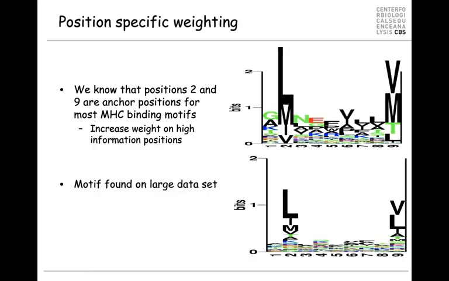And then the last trick we can do is that, say you have done this exercise many, many times for many different receptors, and you always find that P2 and P9 are the most important amino acid positions in the peptide with the most information content. So maybe you can just cheat and say, maybe that rule also works for my new receptor. So I just increase the information content at P2 and P9 by multiplying by a factor of 2.